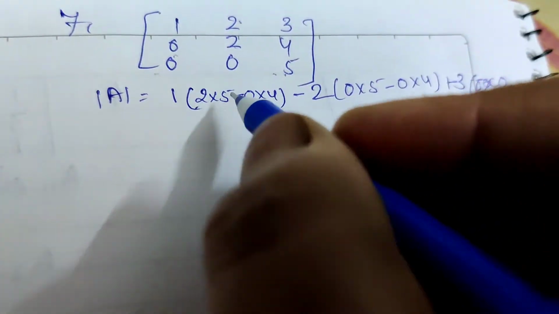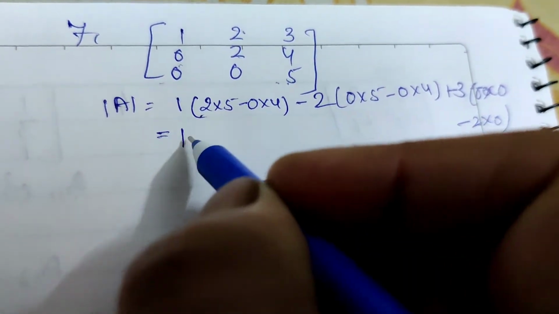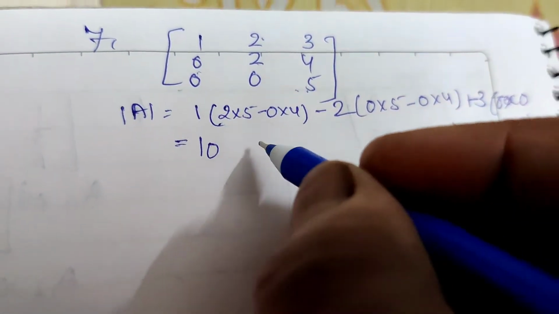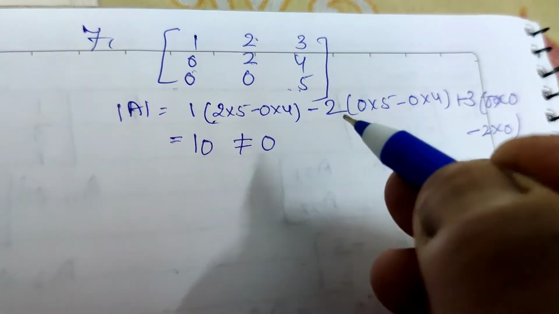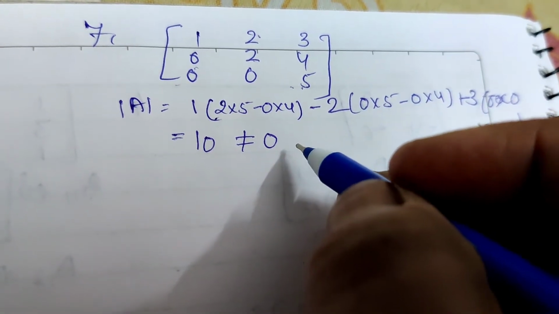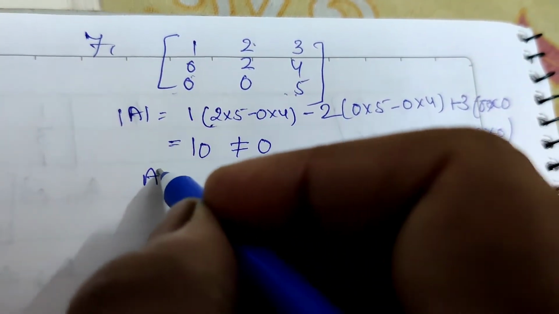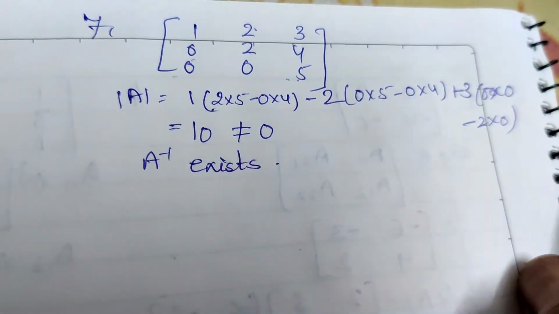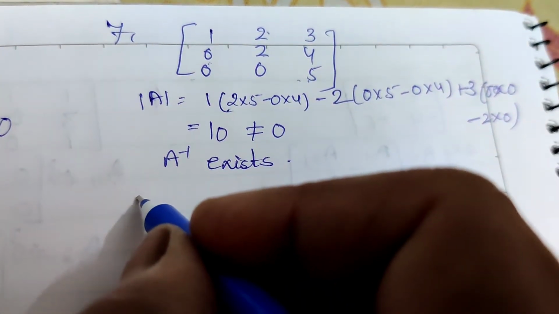The value is 2 fives are 10 only, all others are 0. The value of the determinant is 10. It is not equal to 0. Therefore, A inverse exists. Okay. Now find the adjoint.